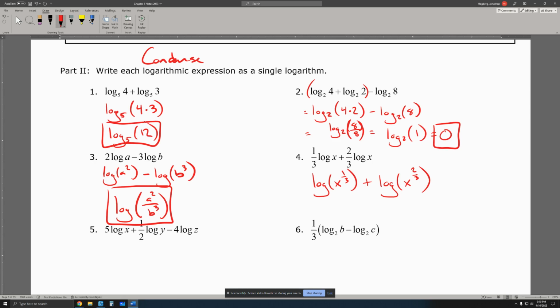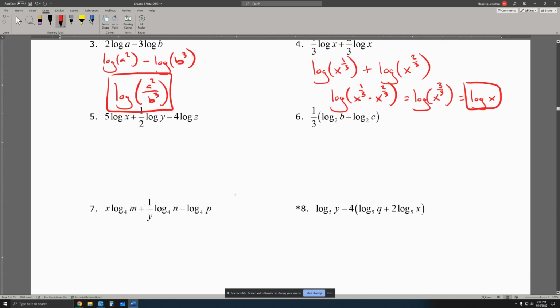So this is equal to, well, actually, let's go ahead and write out that step. x to the 1/3 times x to the 2/3. And again, we have those exponents with the same base. We can add those powers. This is equal to log of x to the 3/3, or x to the 1, or just simply log of x.